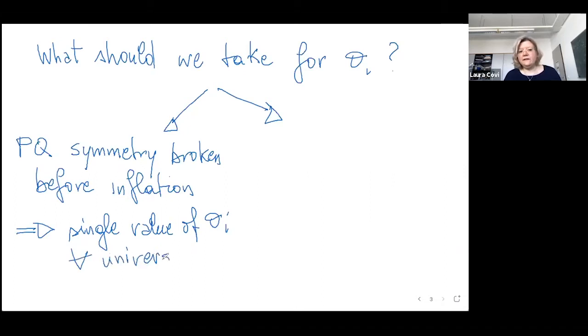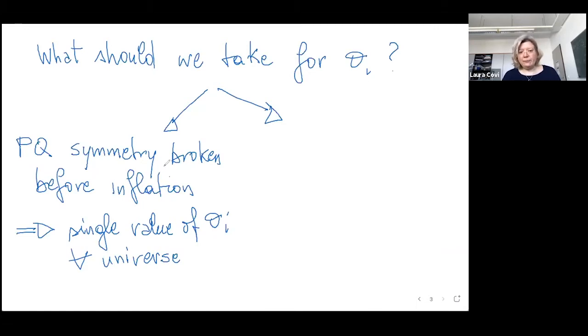And it is indeed a real initial condition, so we don't know what it is. And depending on what you take for theta_i, of course, you can get different values of the energy density of the universe for the axion dark matter. And you have to adjust the other parameters correspondingly. So in that sense, this is really a strong dependence on the initial condition, and we cannot say much more.